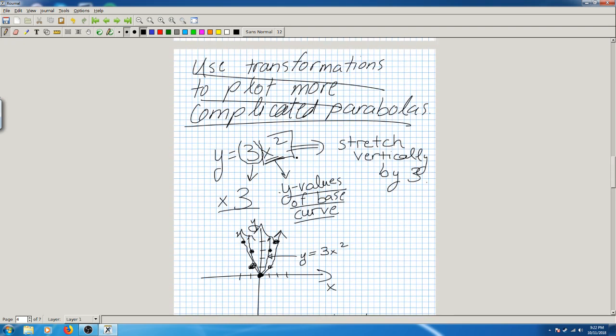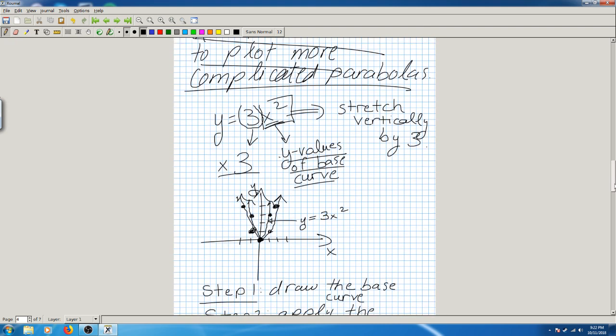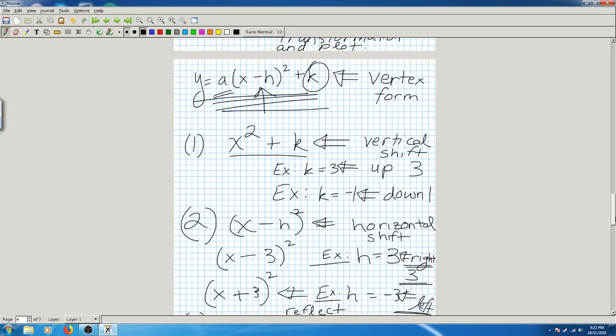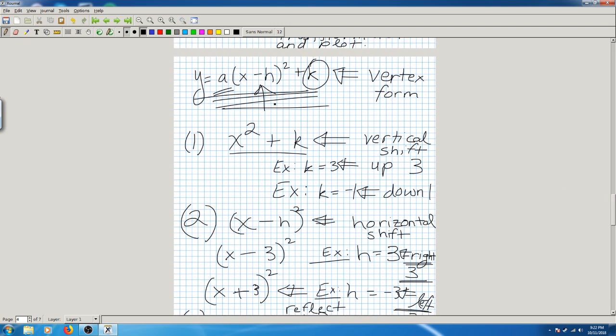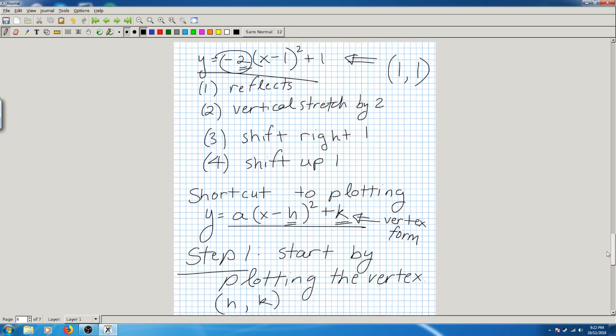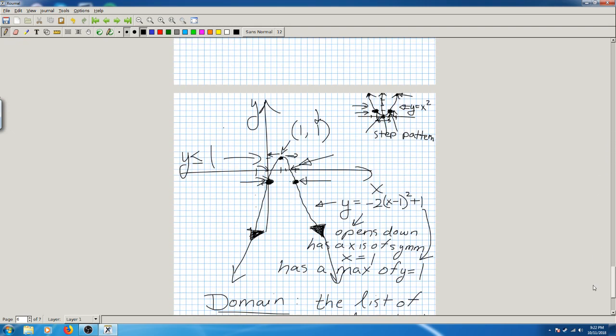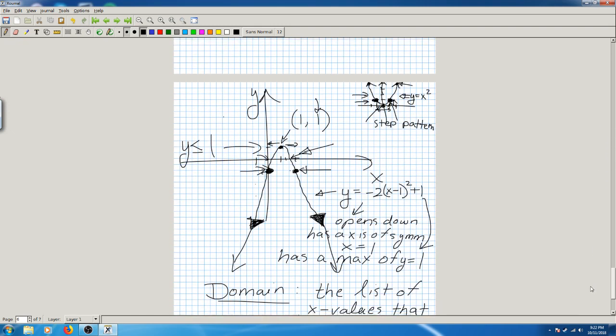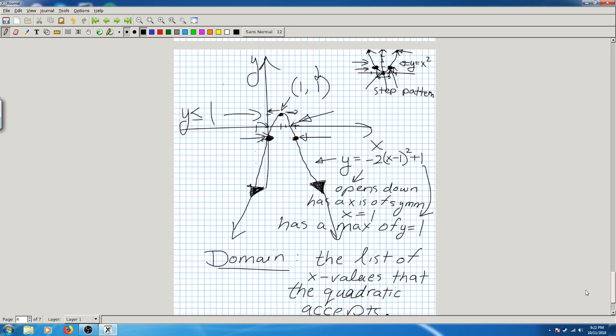Transformations only really work when you're only doing a couple of transformations. Any more than that, then it gets very, very tricky. For example, if you have a vertex form, you're doing a lot of transformations at once, potentially, then what you'd have to do is you'd have to just plot the vertex, do a step pattern based on the base curve, and then draw the transformed curve.